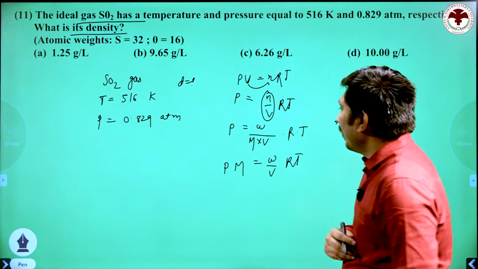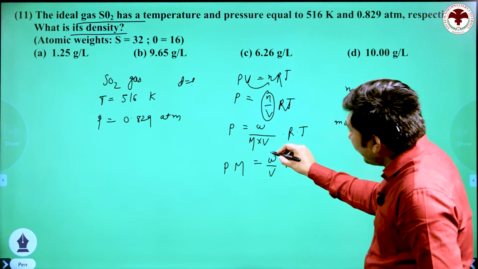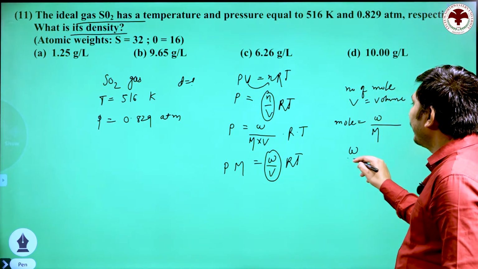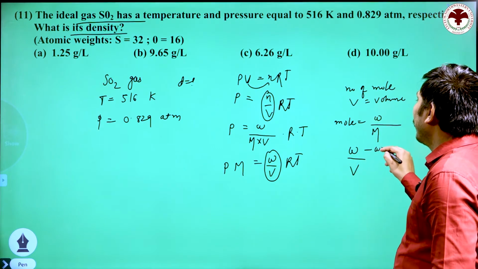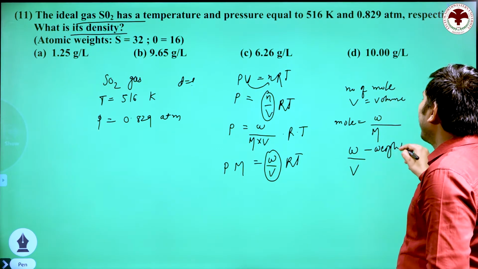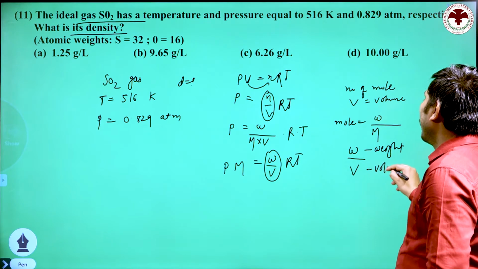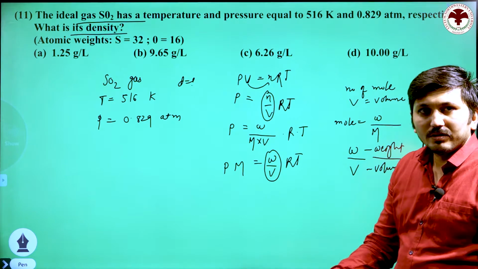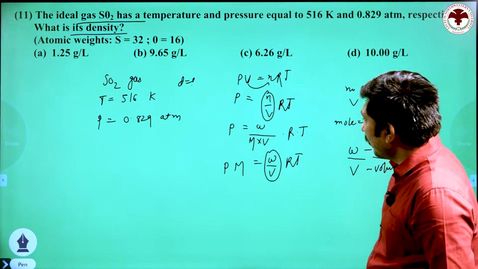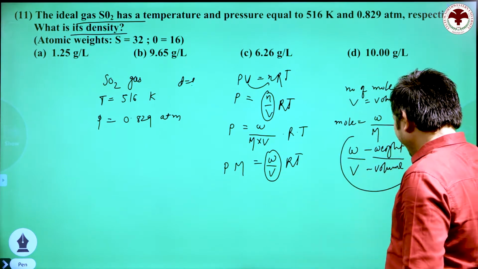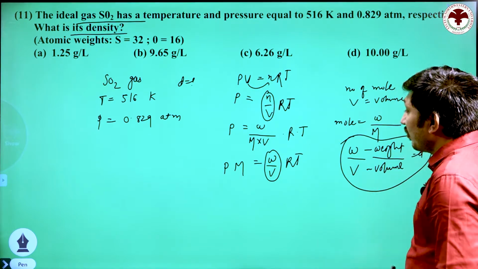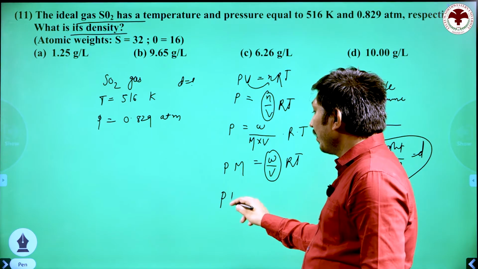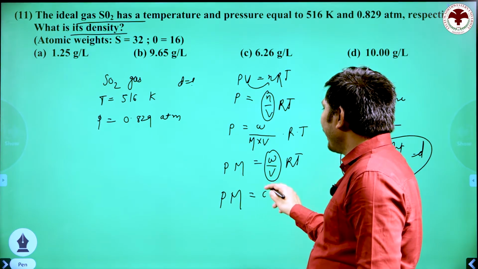So now what is W by V? W means weight, V means volume. Weight by volume is equal to density. So we use this formula and put the value of density in this equation. What do we get? We get PM is equal to density into RT.